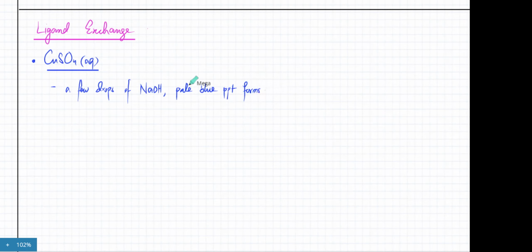And then when NaOH is added in excess, the precipitate remains insoluble. So when NaOH is added in excess, the pale blue precipitate remains insoluble.